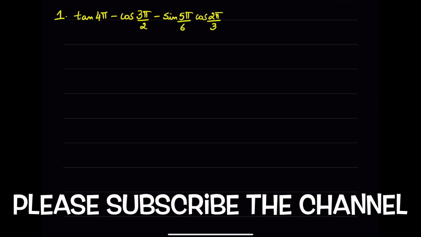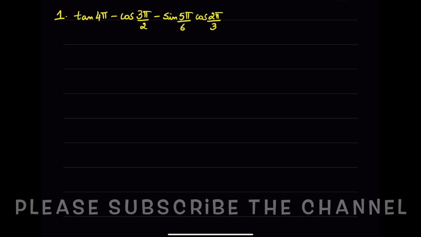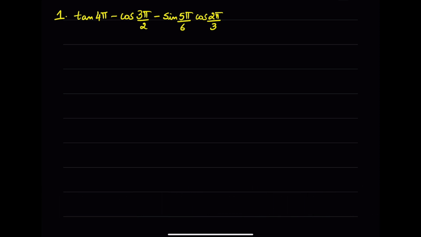Here we have to find the value of tan 4 pi minus cos of 3 pi by 2 minus sine of 5 pi by 6 times cos of 2 pi by 3. Let us convert this to degrees so that it's easier for us to identify the quadrants.